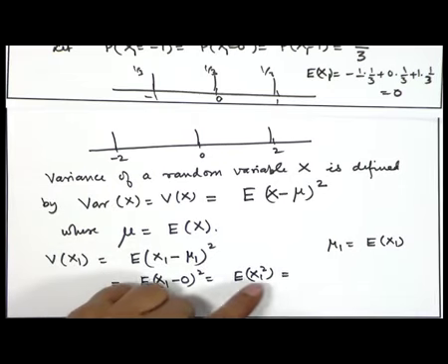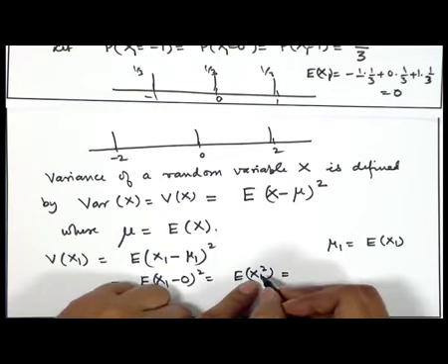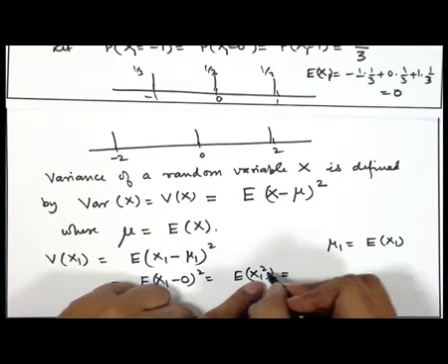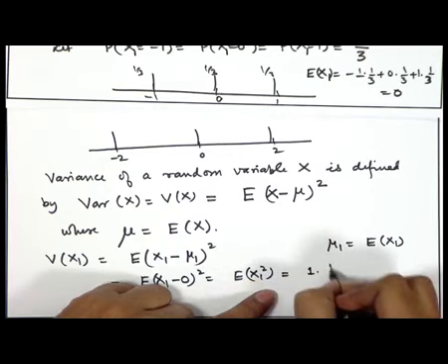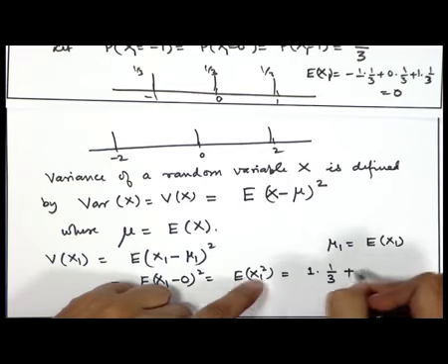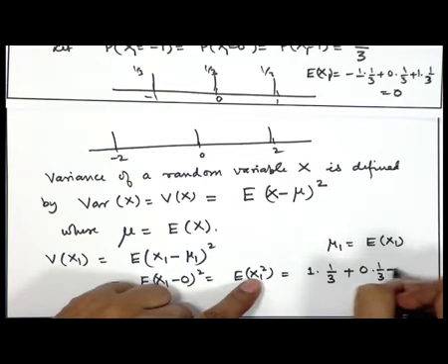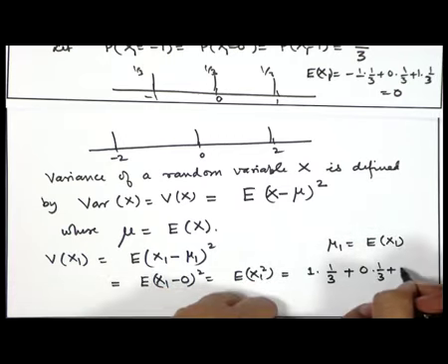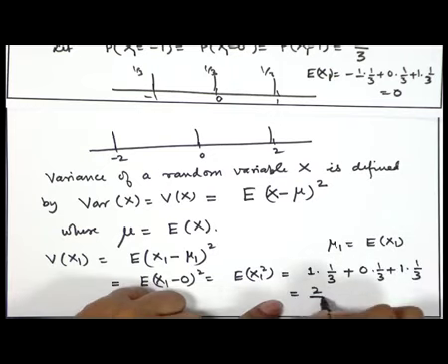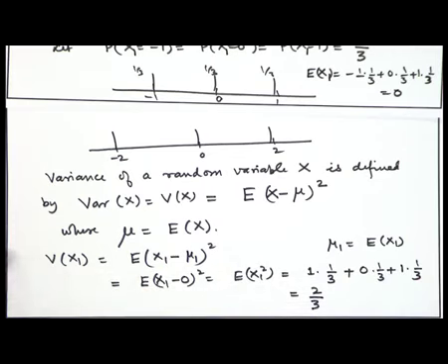I have already introduced the formula for expectation. It is value multiplied by the probability. What are the values of x1? Minus 1. So, minus 1 square becomes 1, the probability is 1 by 3, plus 0, 1 by 3, plus 1 square is 1, 1 by 3. So, this value is equal to 2 by 3, that is the variance of x1.